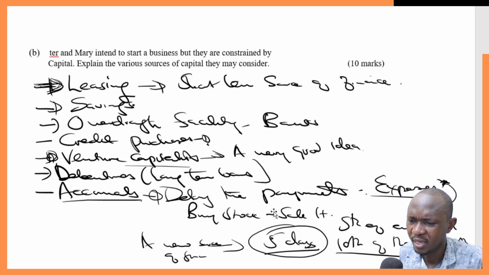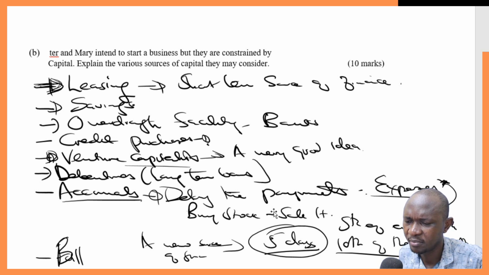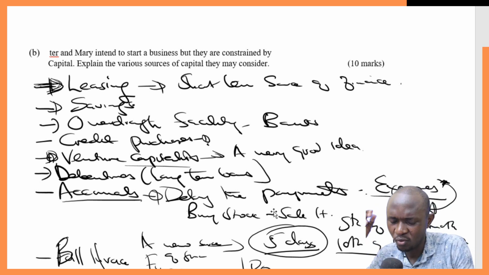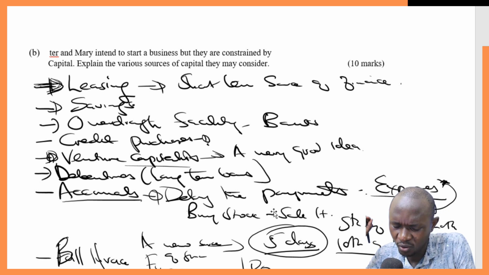We also have factoring. Factoring, we have the bill financing or invoice financing. This is very common when you have the LPO. Sometimes some of these businesses, like the tenders, you don't have the money, you apply for the tender. If it goes successful, you will be given the LPO.